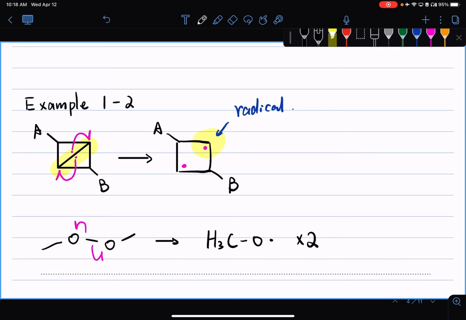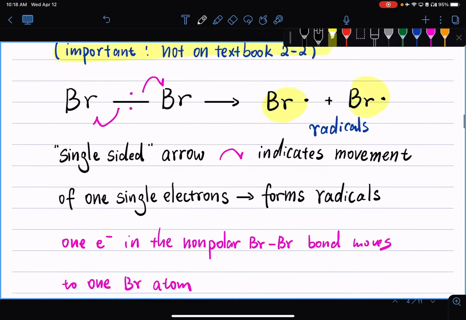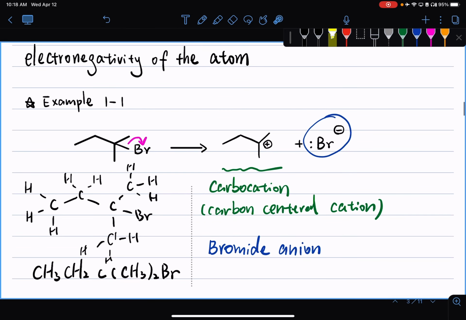Yes? We don't have a negative charge here because we're just symmetrically cleaving that bond. It's a free radical. It's a different type of active species. That's actually a very good question: what about charge? If you look at our previous scenario, in that reaction our charge is still balanced.